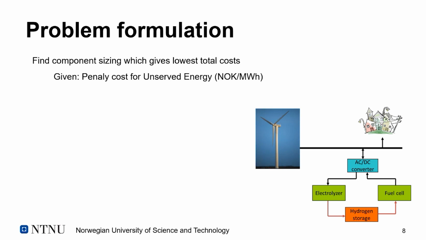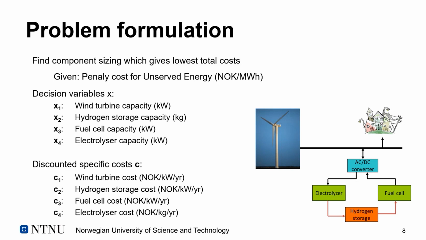So we have a problem formulation, the typical capacity expansion model: find component sizings which give the lowest total cost. The only operational cost that I set here to make it super simple is just a penalty cost for not served energy. I don't have any other thermal generation with any marginal cost. It's just to minimize the cost of unserved energy plus all the investment costs for the different equipment that I have.